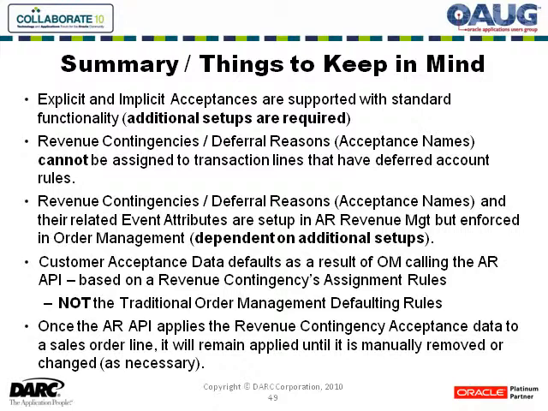The customer acceptance data defaults as a result of order management calling the AR API based on the revenue contingencies' associated assignment rules, not traditional order management defaulting rules. And once the AR API applies the revenue contingency acceptance data based on the assignment rules to the sales order line, it will remain applied until it's manually removed or changed if that's even applicable.